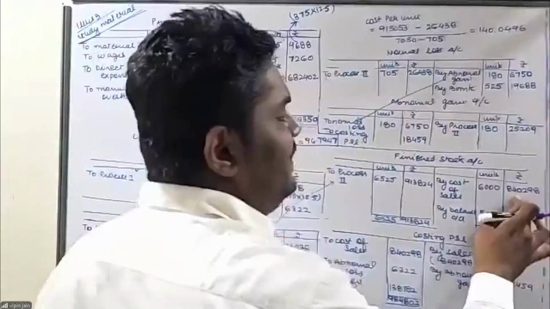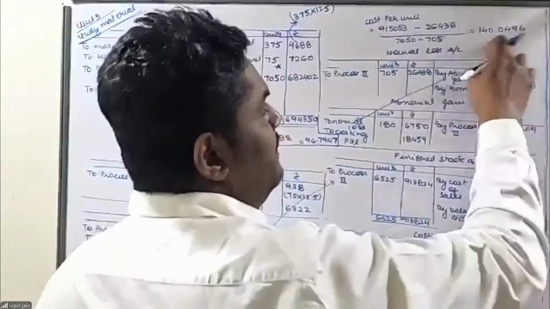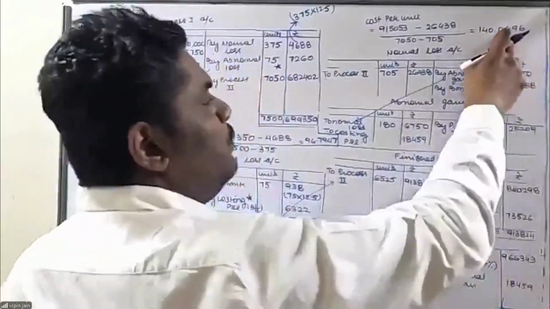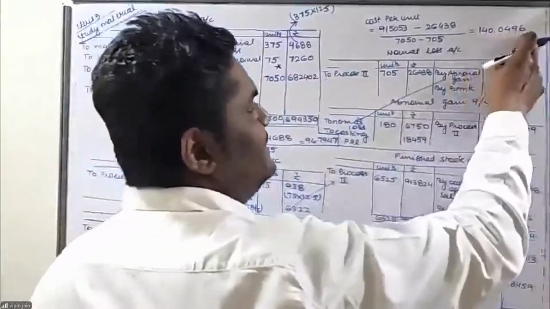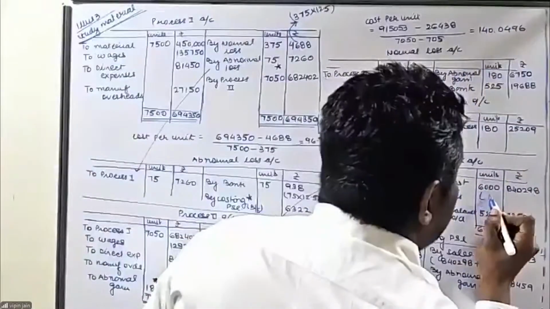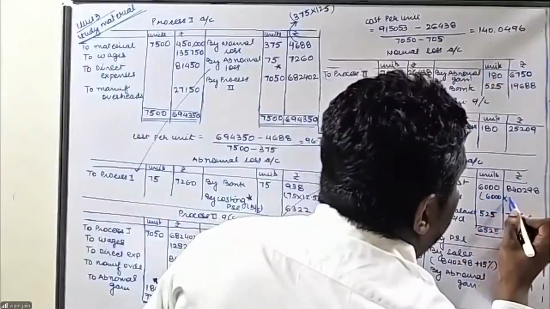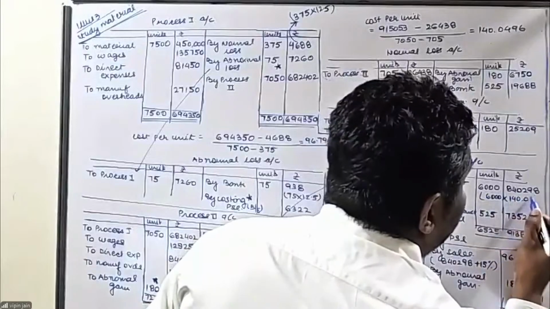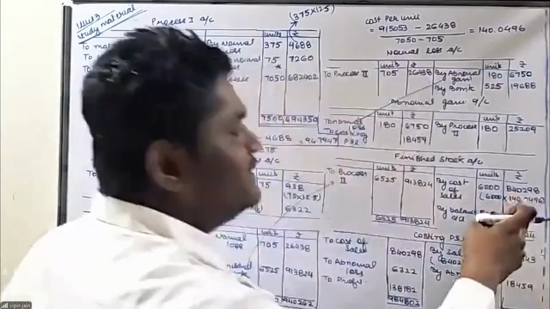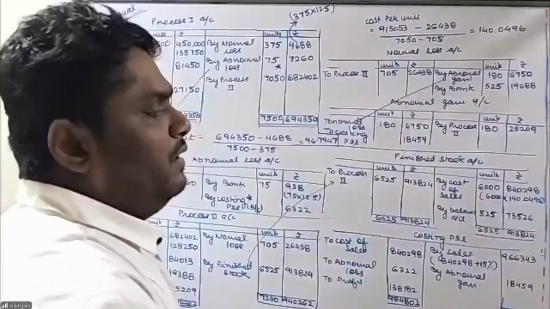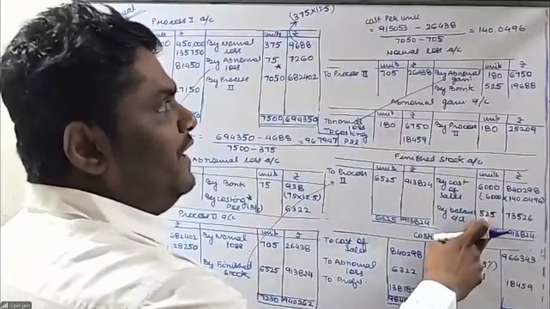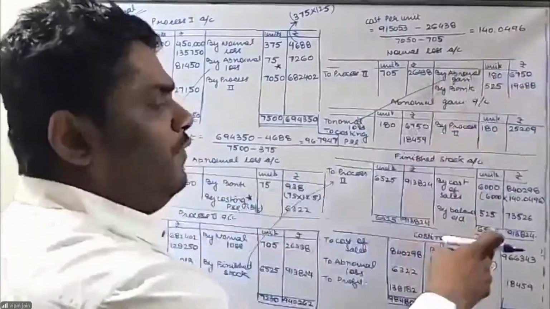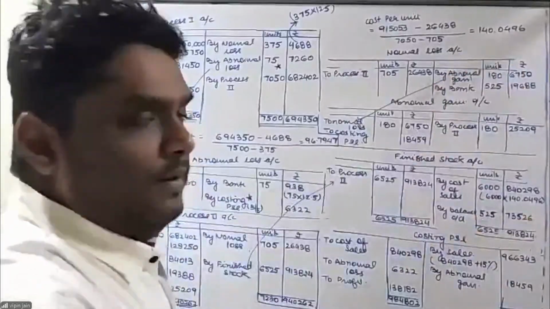Now, how come this figure 840298? I have got the cost of the output of process first, that is 140.0496. So this will be 6,000 into 140.0496. This is how I got 840,298. And this again, 525 into 140.0496. This is how I got this figure.